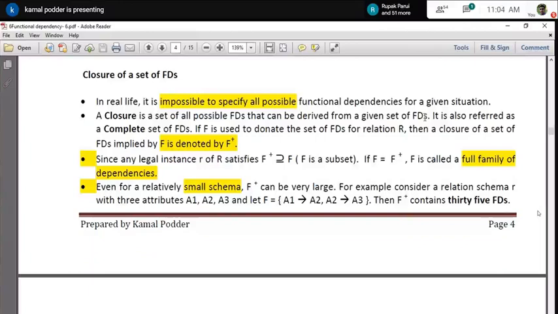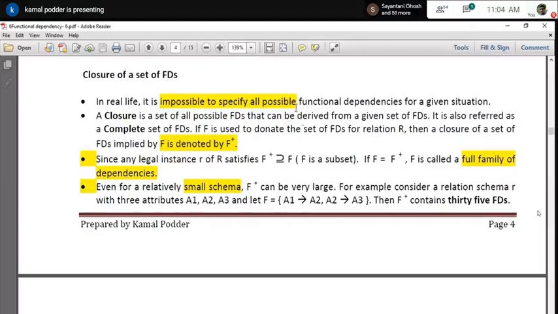That means minimal FDs which can represent all the relationships and all the dependencies in the database. You have to find that out, and that is a hard job. That is the reason we need to understand a lot of concepts, and then apply those concepts on your FDs to try to reduce them. All those things we will cover one by one.